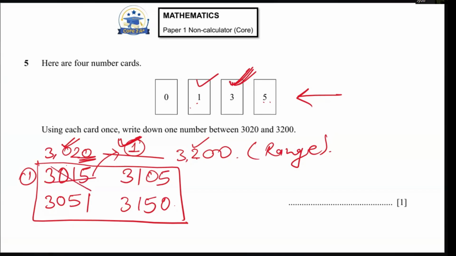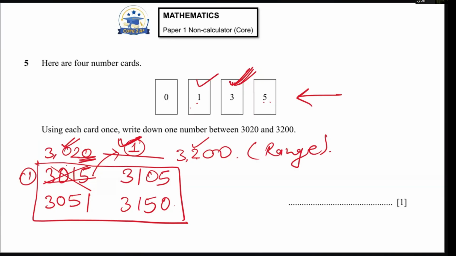So we cannot include the first. And what about 3051? Yes, it lies in the range. 3105 is also in the range, and 3150 is also in the range. So there are 3 numbers.